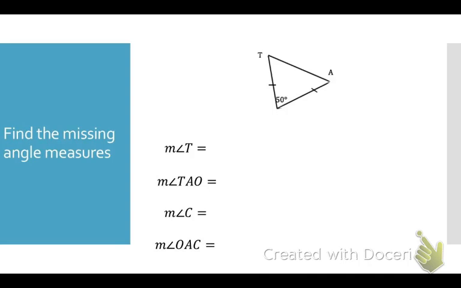Okay, so the first thing I'm going to do is I'm going to just draw triangle TAO. And I know by looking at it that it is an isosceles triangle because two legs are congruent. And I know that the base angles of an isosceles triangle are congruent. So I'm going to give them the value of x. They would both equal the same thing.